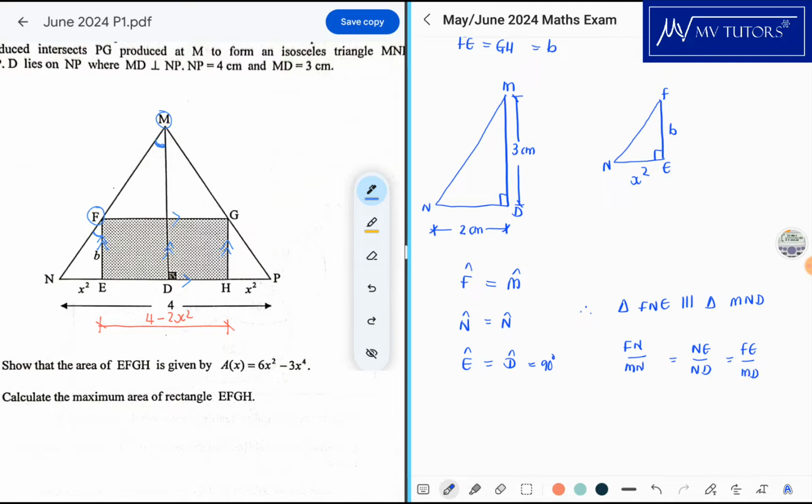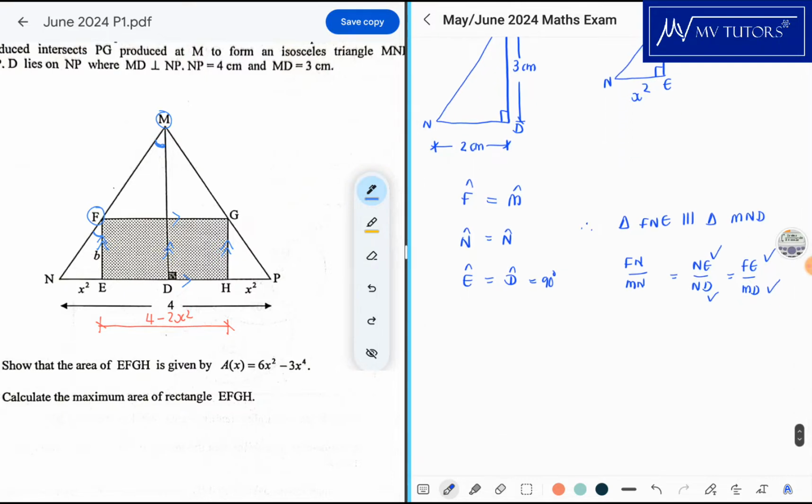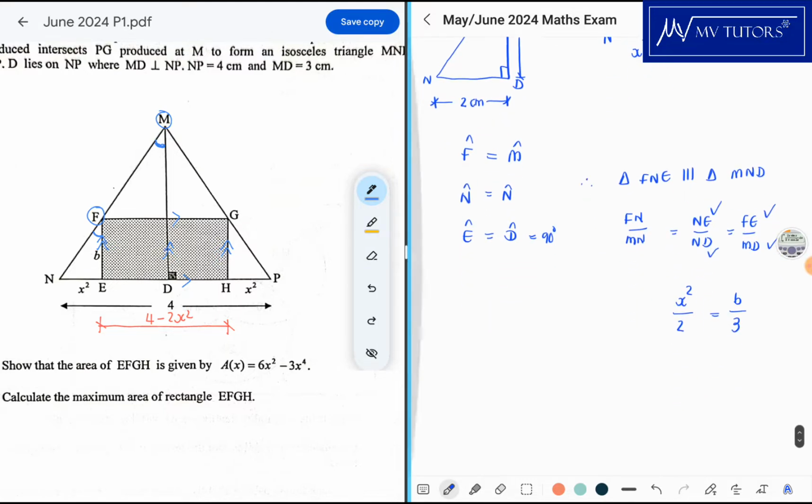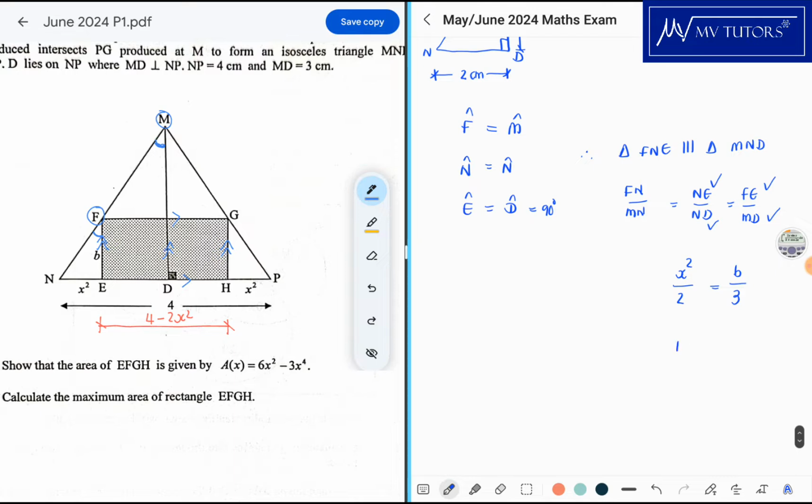We're going to use the last two ratios. NE is x squared, ND is 2, FE is B, and MD is 3. So solving for B, B will be equal to 3x squared over 2.